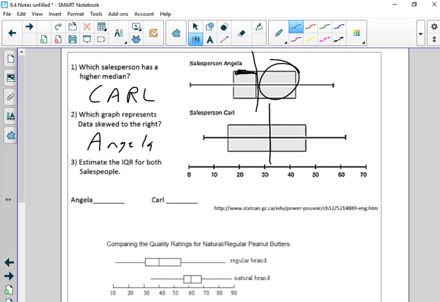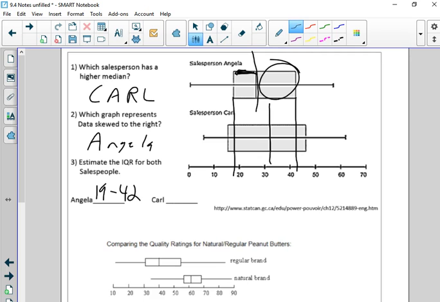Okay, so estimate the IQR for both of them. So IQR is from here to here. So this is where you might have different answers. So for Angela, you might say 19 to 41. So you might say 19 to 42. If you said 18 to 42, I would accept that.